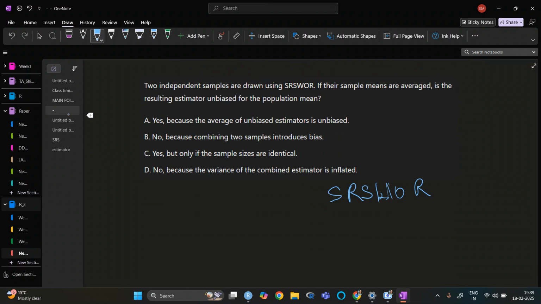A sample consists of some units, and the sample size can be 10, 20, etc. So let's say it is sample S1 and sample S2. If I take the average of the sample means, is the resulting estimator unbiased for the population mean or not?